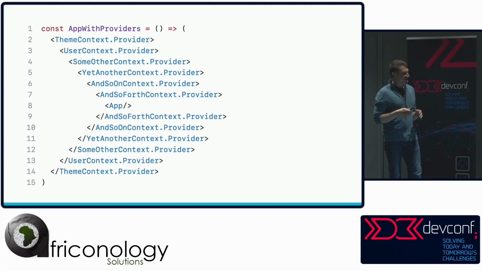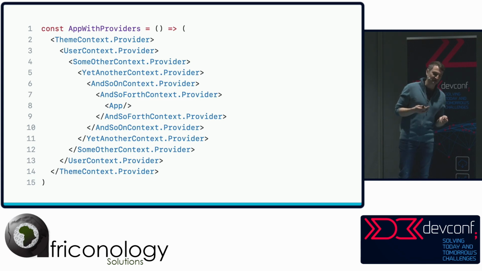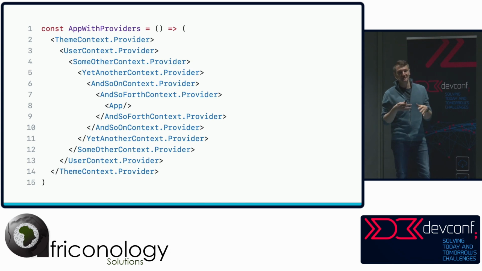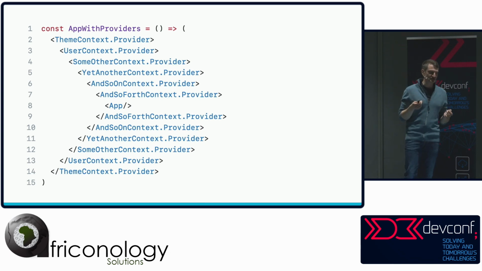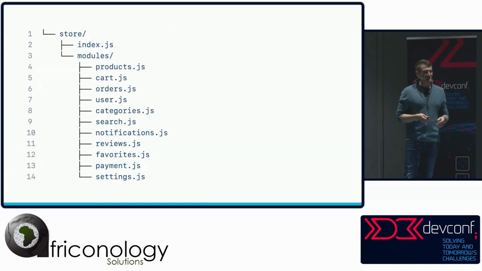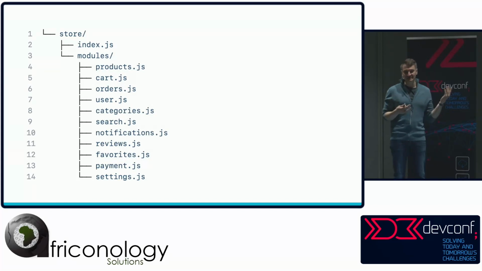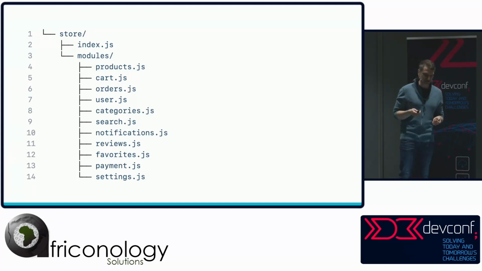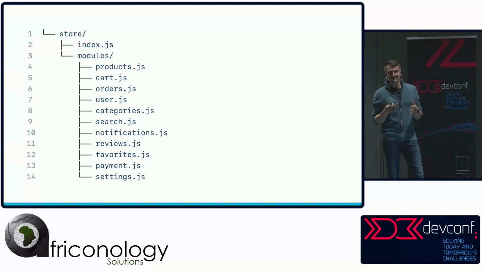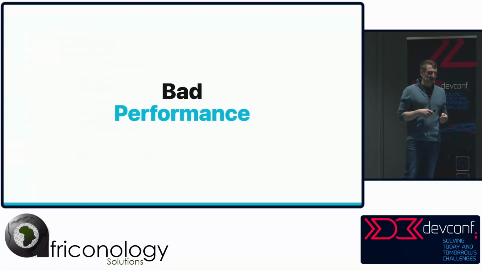So we oftentimes see things like having deeply nested context providers in a React application, for example, because each of these context providers provides some global state we need for our application. And also in other frameworks like Vue.js, we see very complex code or very complex state trees like this one for a Vue.js application with Vuex or Pinia. But this is still not the only problem.